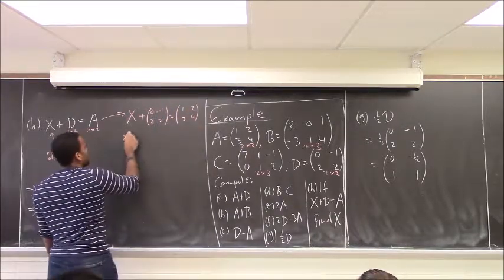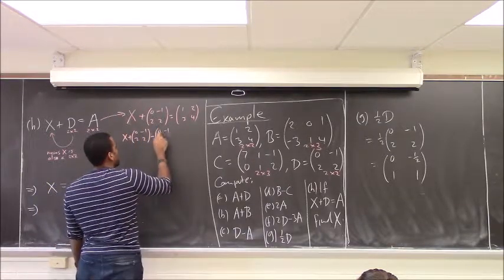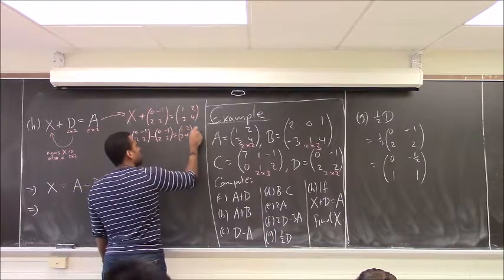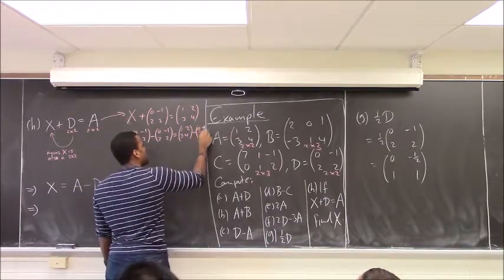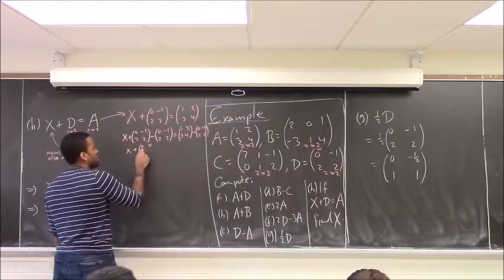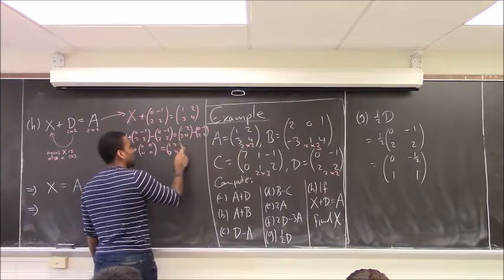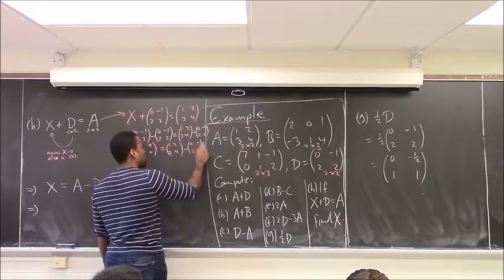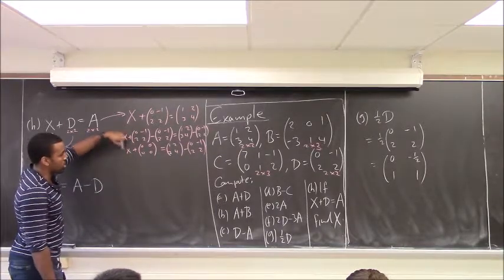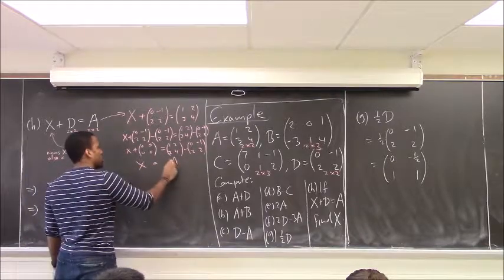Then I subtract d from both sides, so I subtract 0 minus 1, 2, 2 from both sides. This is going to be x plus a bunch of zeros equals 1, 2, 3, 4 minus 0 minus 1, 2, 2. And of course, by the definition of addition, this is just adding a bunch of zeros to the components of x. So that just leaves us with x, and that's your a minus d.